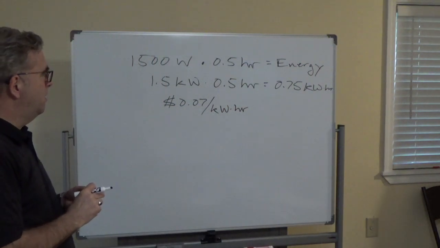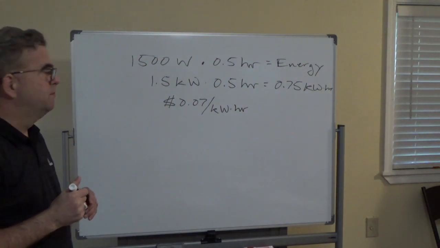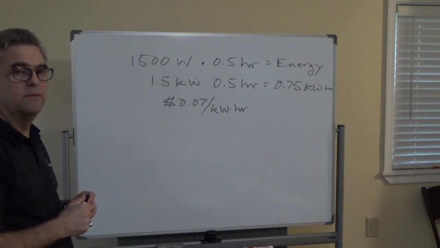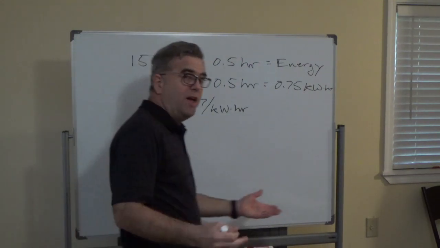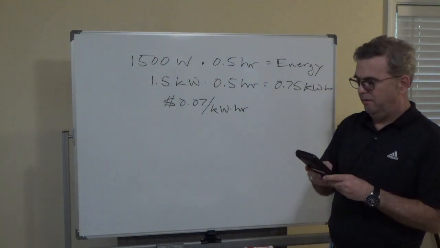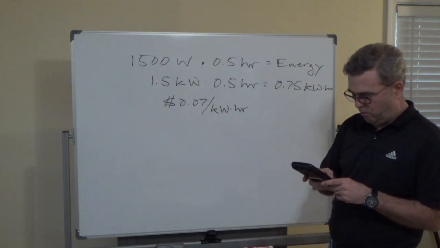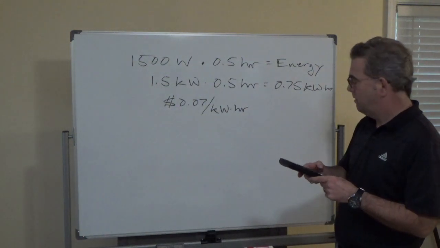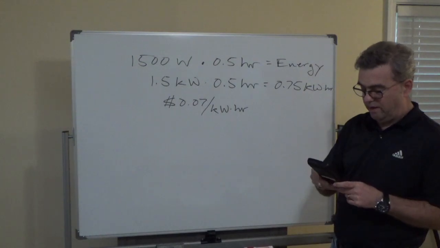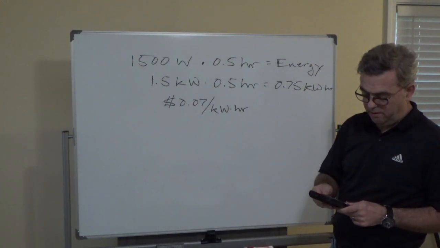So how much does it cost you to run your hairdryer for 30 minutes? Okay. So I don't have you guys here to do the calculation for me, so let me look at this. 0.07 and we've got 0.75 kilowatt hours.